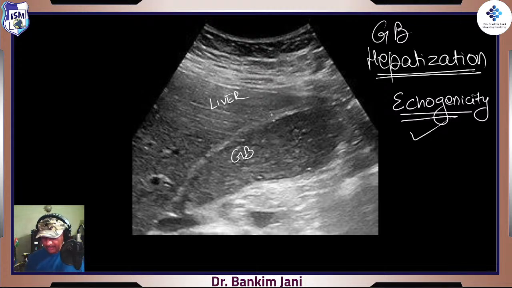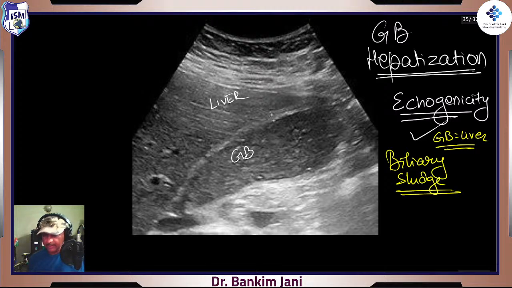So this is important: why is the echogenicity of the gallbladder equal to the liver? Why has that happened? It is because this gallbladder is now full of biliary sludge, right? And the sludge is actually like kachra, because of those solids which are precipitated from bile.